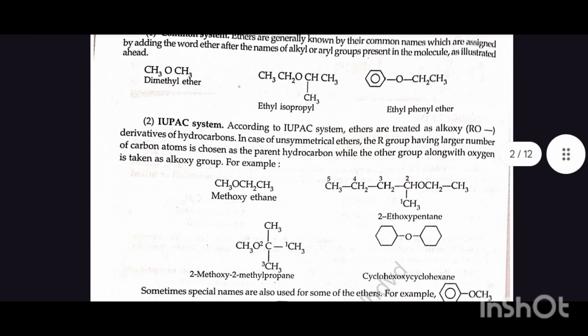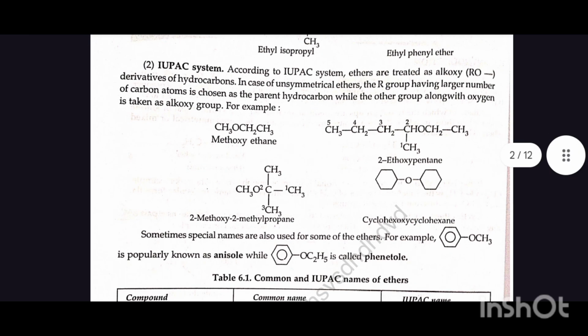Second, the IUPAC system. According to the IUPAC system, ethers are treated as alkoxy (RO) derivatives of hydrocarbons. In the case of unsymmetrical ethers, the R group having the larger number of carbon atoms is chosen as the parent hydrocarbon, while the other group along with oxygen is taken as the alkoxy group.